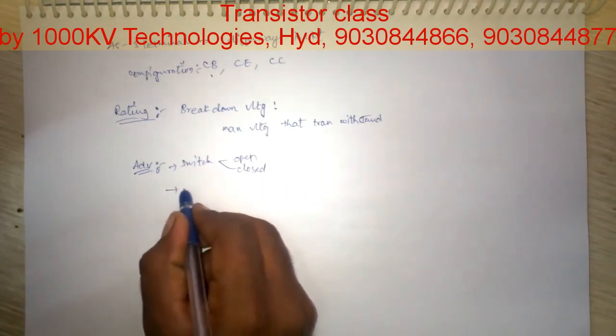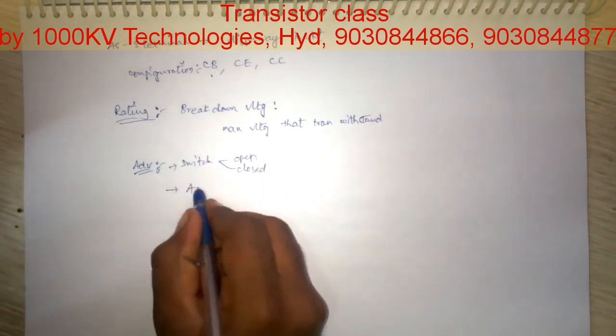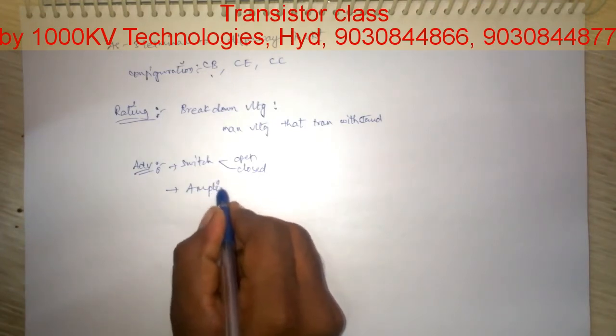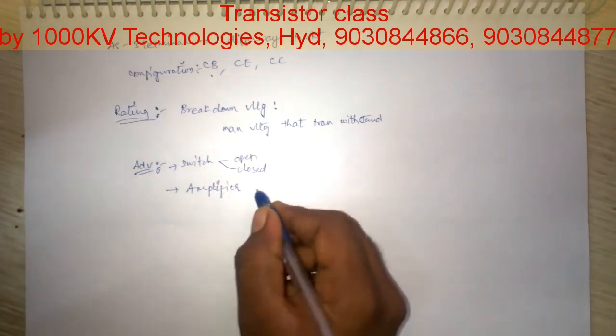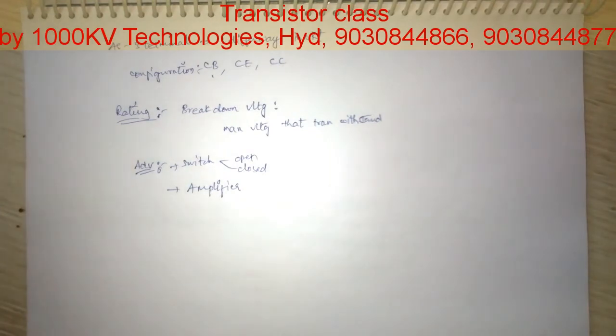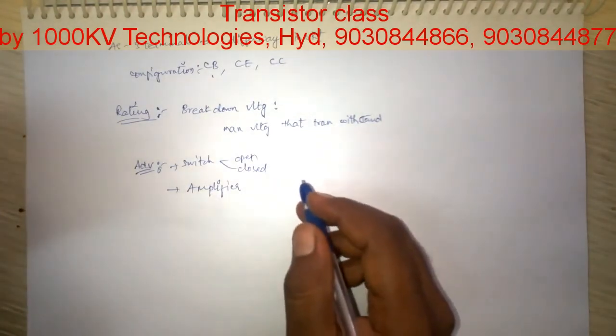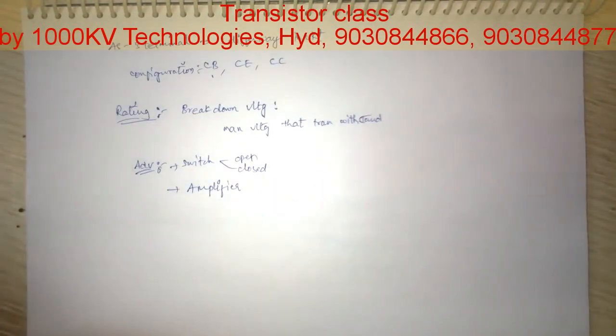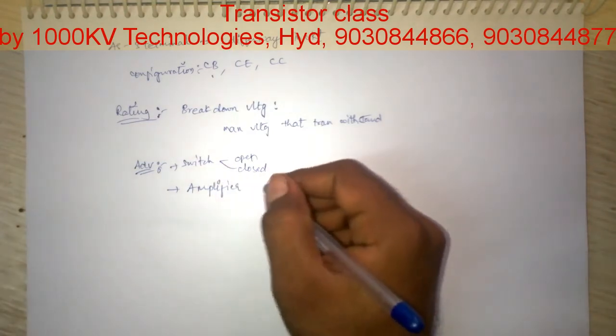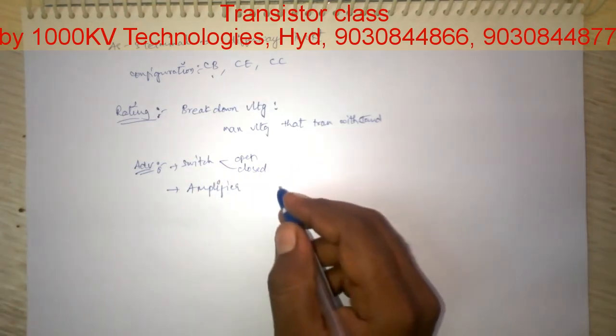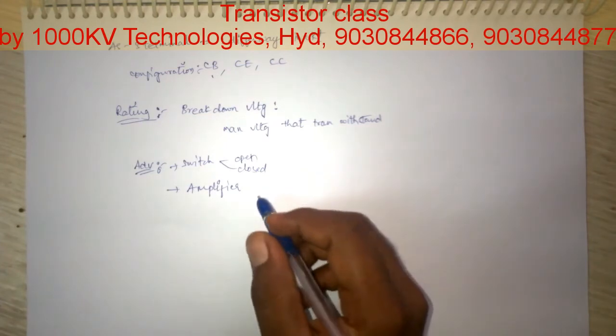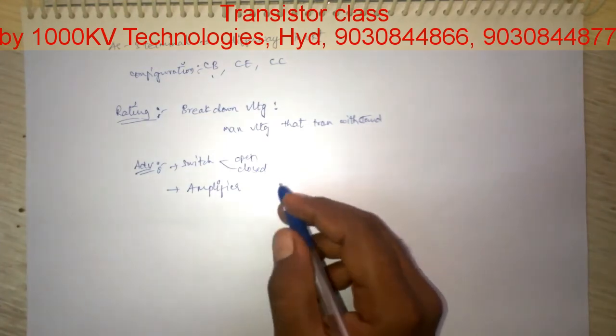And the most major application of this transistor is as an amplifier. Amplifier means a low-level input is converted to a higher level. If you apply a low voltage signal to this transistor, it can be converted to a high-level voltage. That is amplifying, that is boosting the voltage.